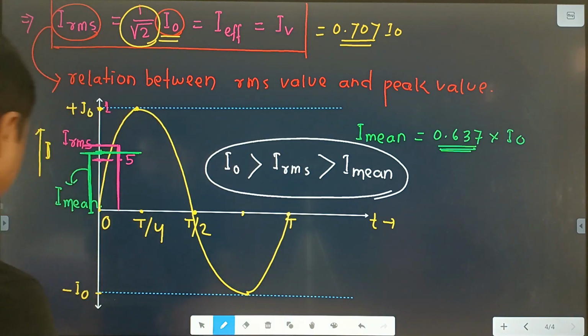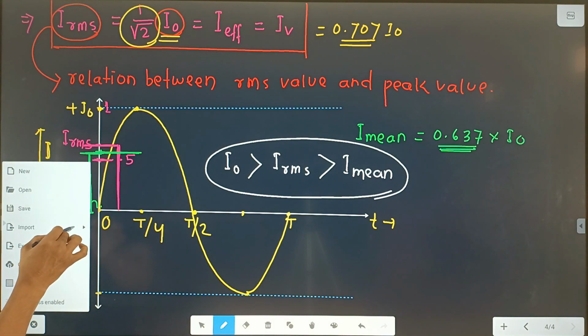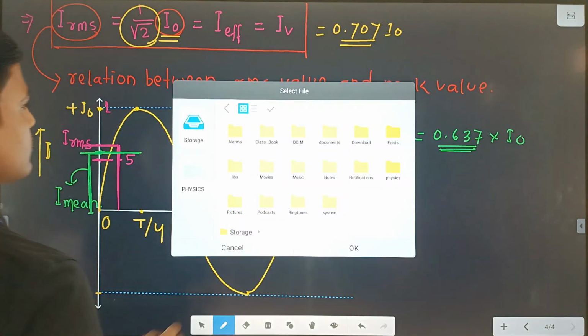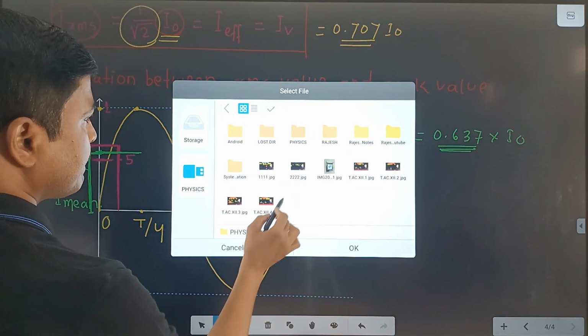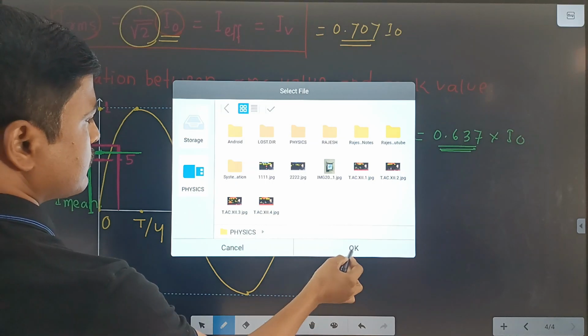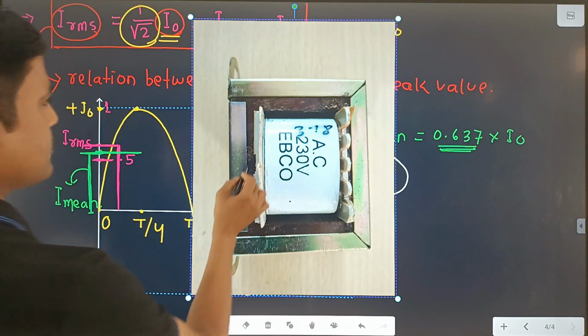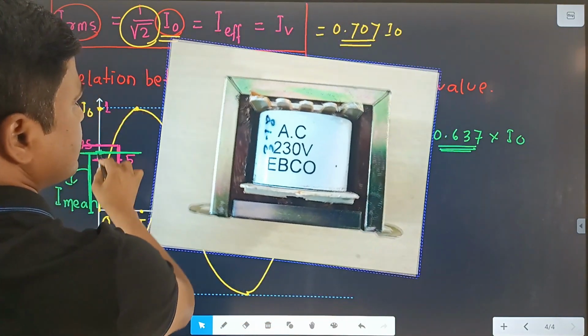Suppose we take a transformer. This one is the figure of a transformer.